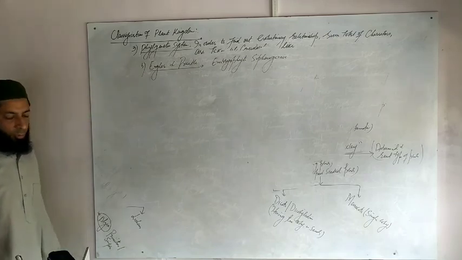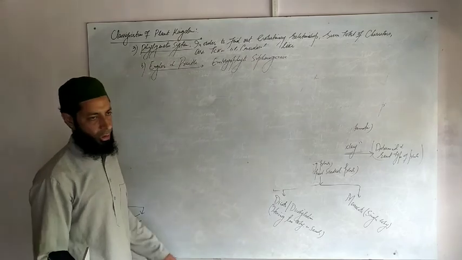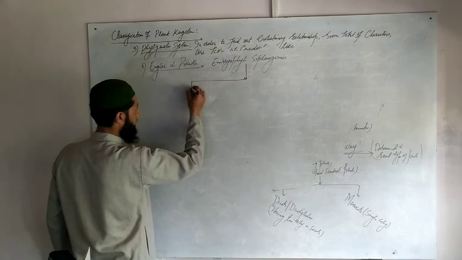Instead of plant kingdom, they renamed it as Embryophyta Siphonogama, and they divided this into two subdivisions.